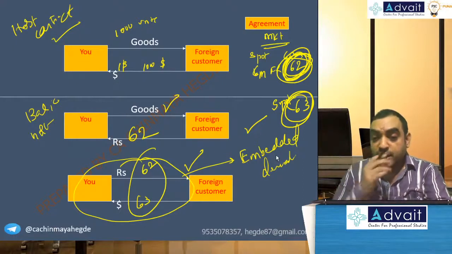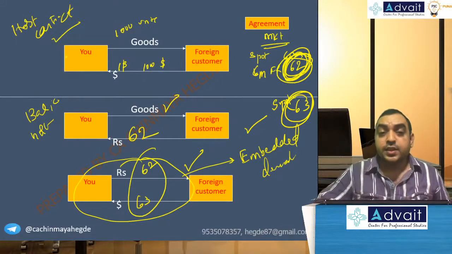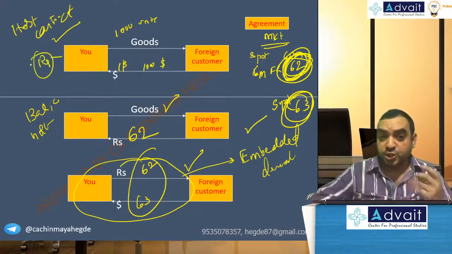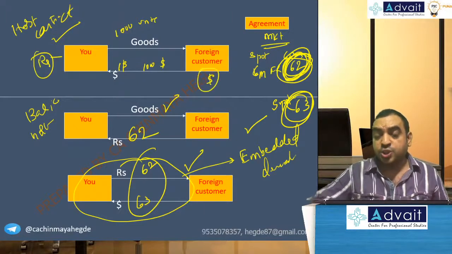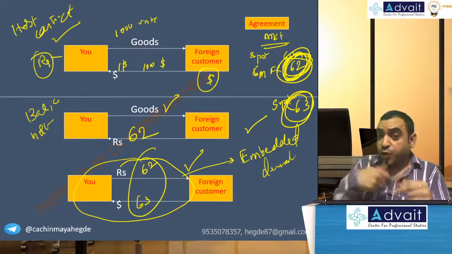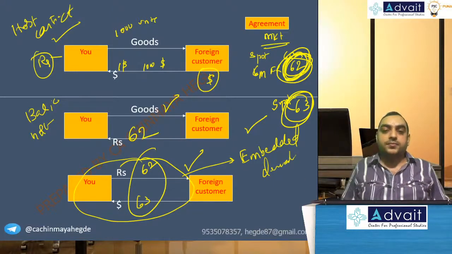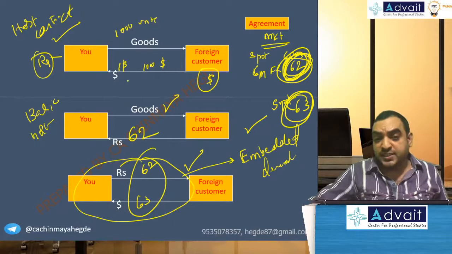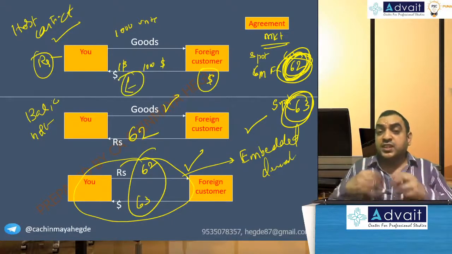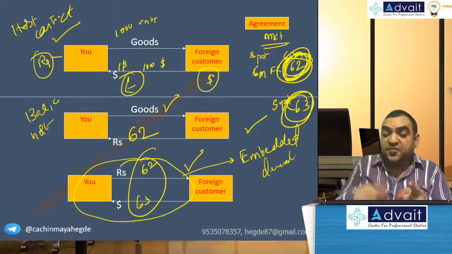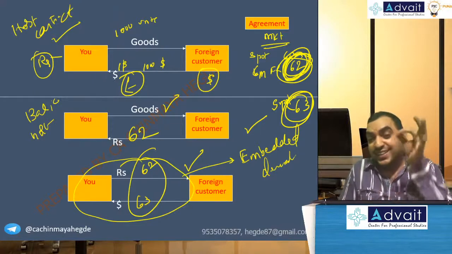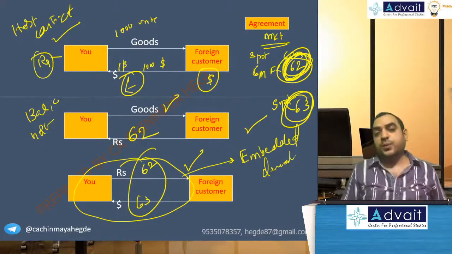Third party currency means, this is rupees, the functional currency, and this foreign customer's is dollar. If the agreement is in one of these two currencies, this separation is not required. But if you account for, let's say, pounds, which is a third party currency, not a functional currency of both the parties, then it requires separation.